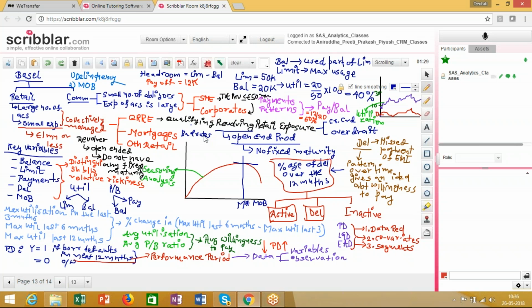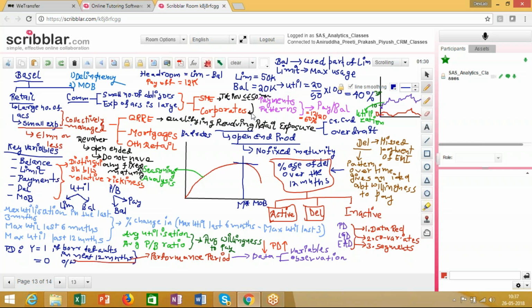So within QRRE, we have products like credit cards, mortgages comprise home loans, and other retail comprises personal loans, auto loans, etc. And the commercial portfolio comprises small and medium scale enterprises and the corporates, based on their turnovers, right?